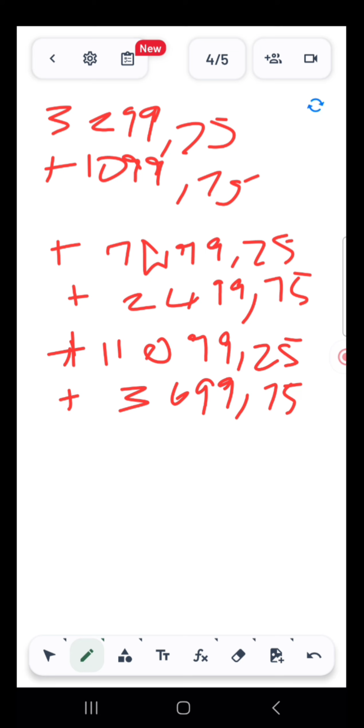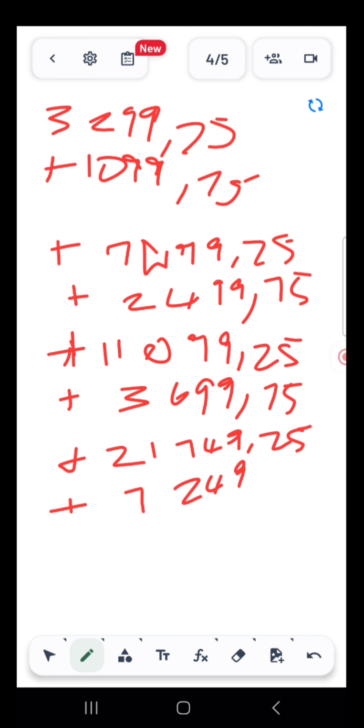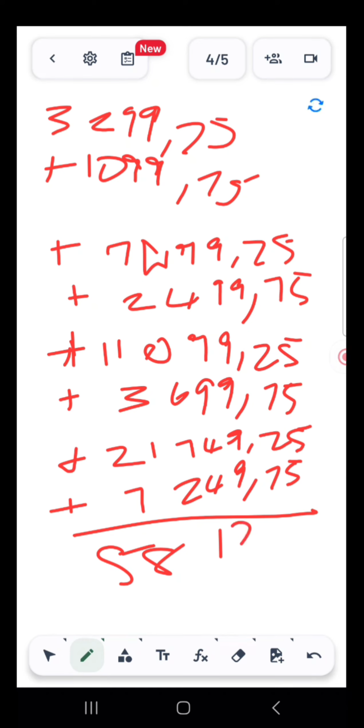Then the last one is 21,749.25 plus 7249.75. Okay, which will be equals to 58,196. Now we have our total profit and then we have our total income, right?